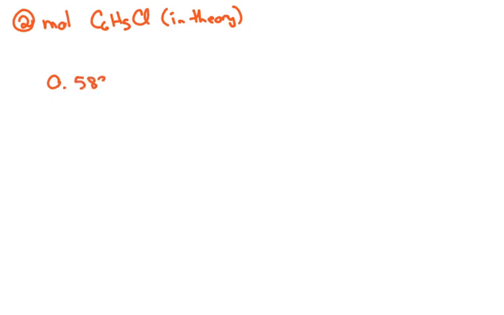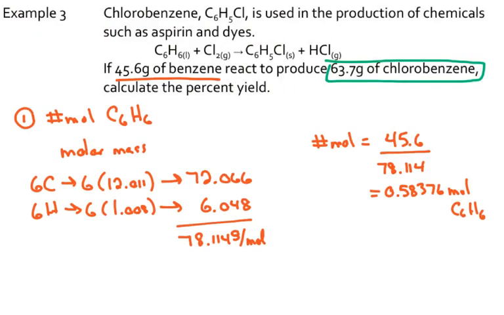Second step, like with any stoichiometry equation, now that we know how many moles of benzene we used, we need to determine the number of moles of chlorobenzene that we should have created. We know that we used 0.58376 moles of benzene. We're going to multiply that by the mole ratios from the chemical equation.